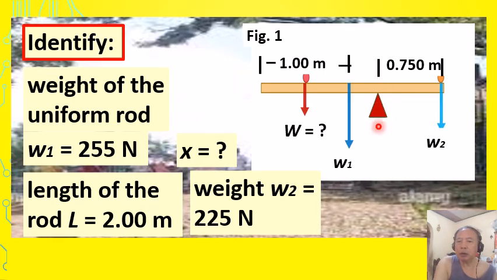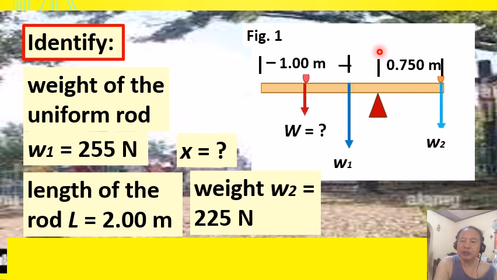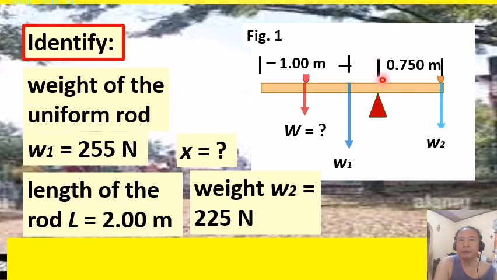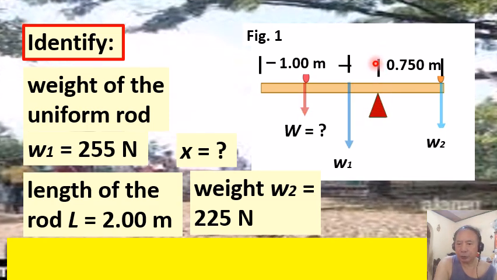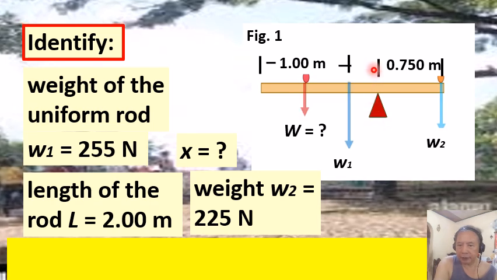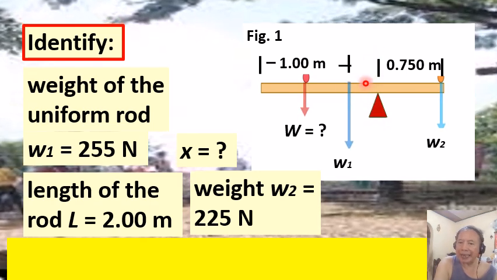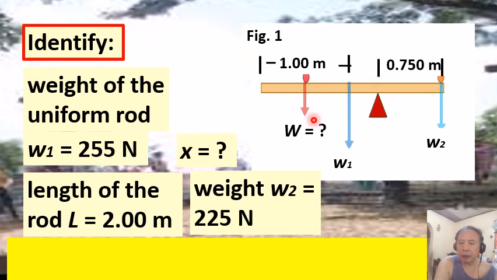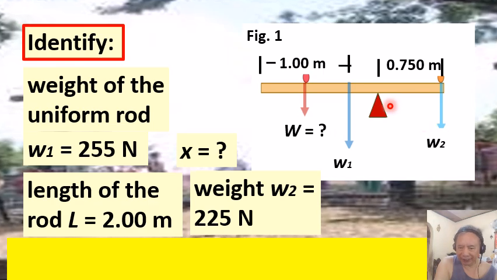There is no need to represent the upward force exerted by the fulcrum. That's already understood, that there must be an upward force that will balance all the three downward forces.